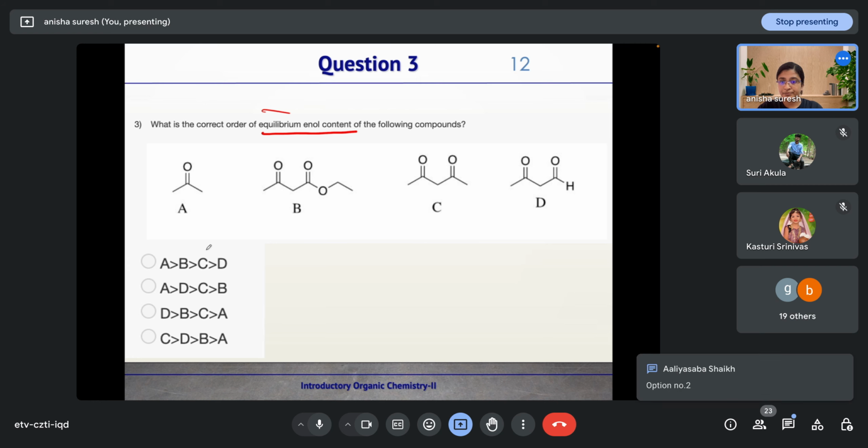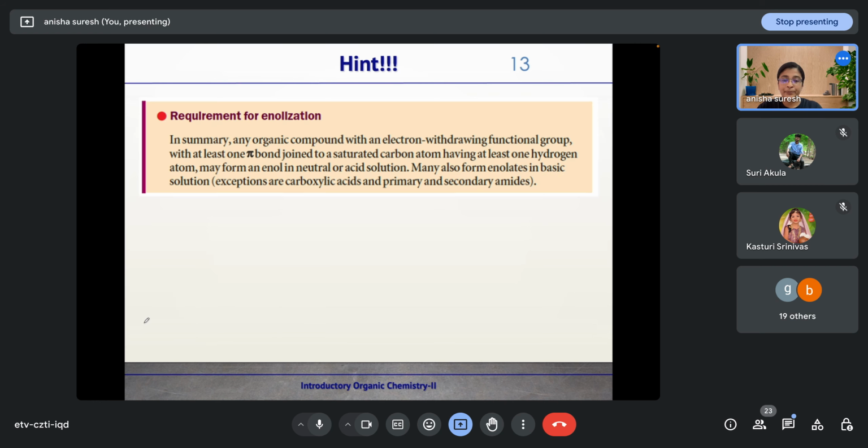Anyone? The right option will be option number D. We will see the reason.